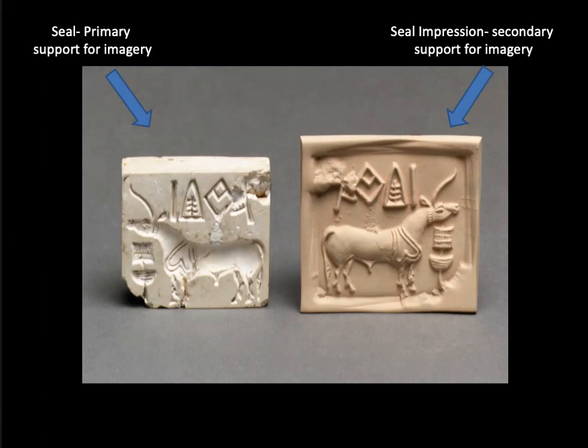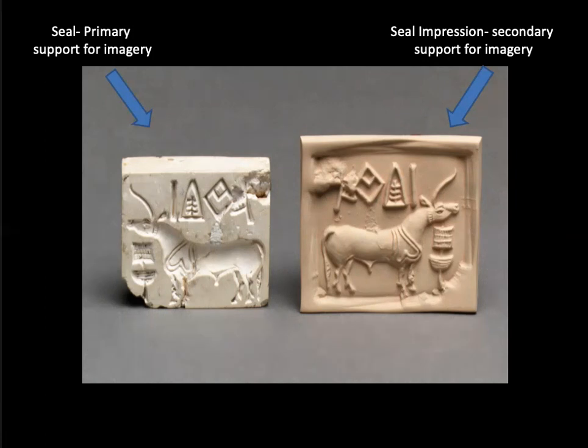Secondary supports for imagery add complexity to the images they bear by their physical presence, as well as by occasionally combining a number of different primary images.